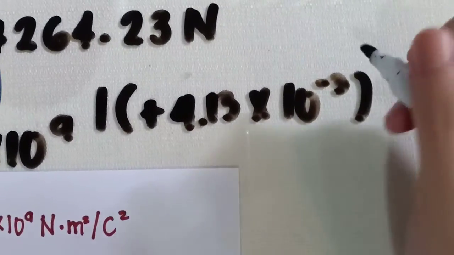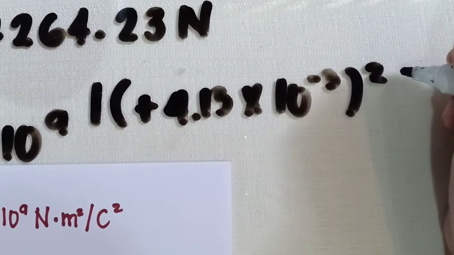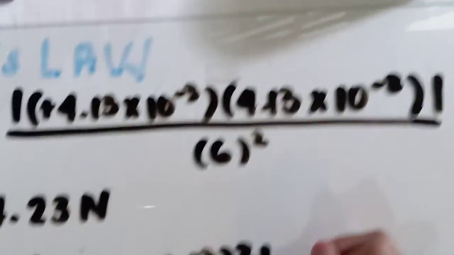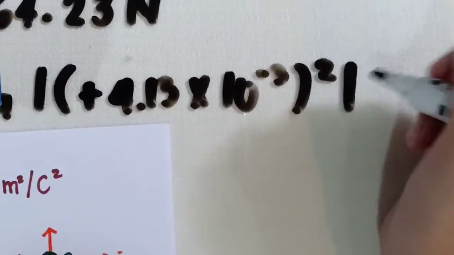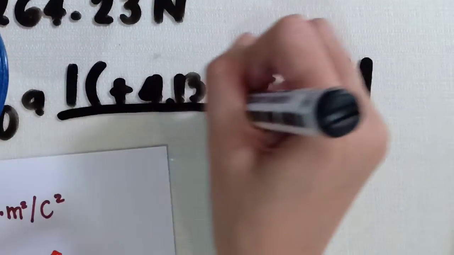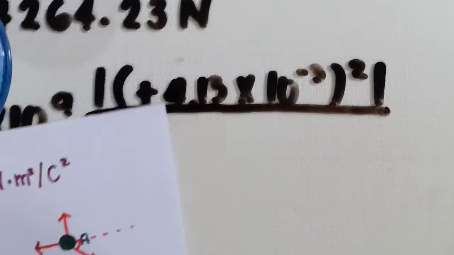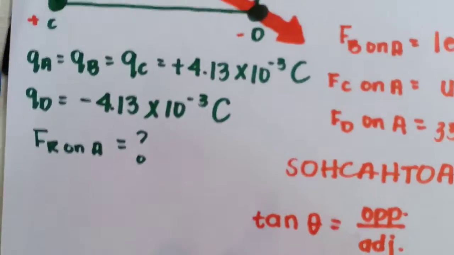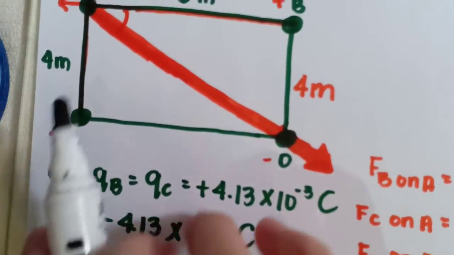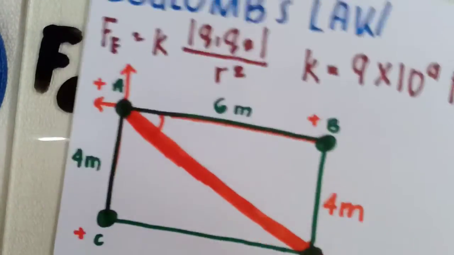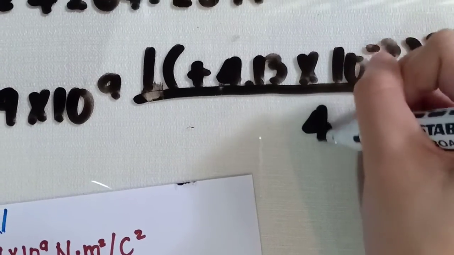Since it's the same for A and C, I'll just use squared. Or you can do the longer one. It's just the same. Then, what is the distance of C and A? Distance of C to A is 4 meters.